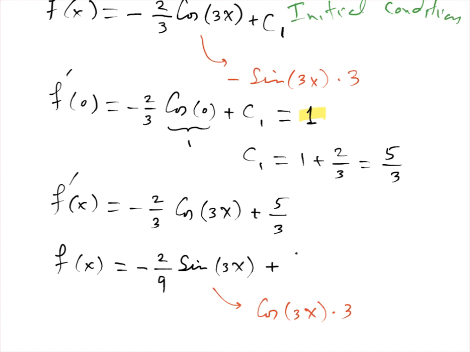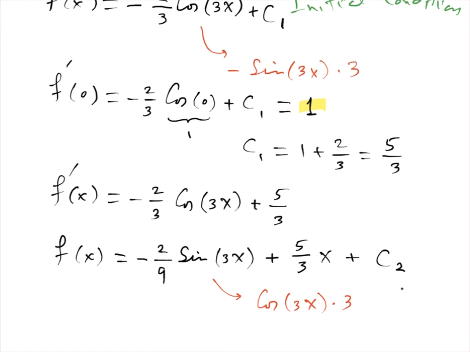This is just a constant, and antiderivative of a constant is a constant times x. Why? Because derivative of 5/3 times x is just 5/3. And then, before we forget, plus another arbitrary constant, C2.